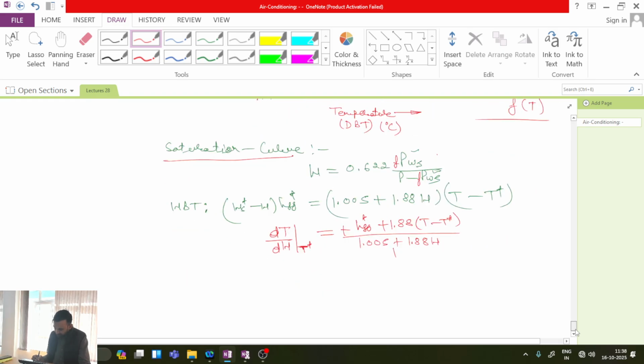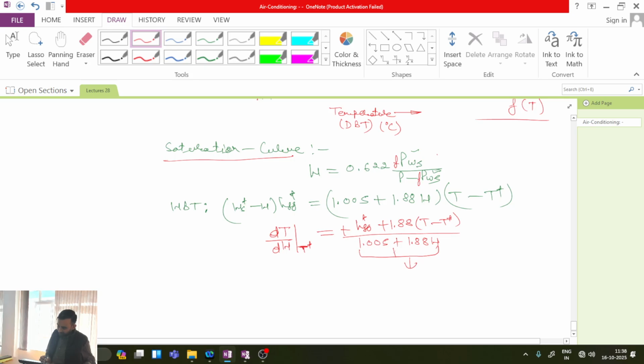This will not be minus. Okay, what is this value? Humid specific heat. Humid specific heat.